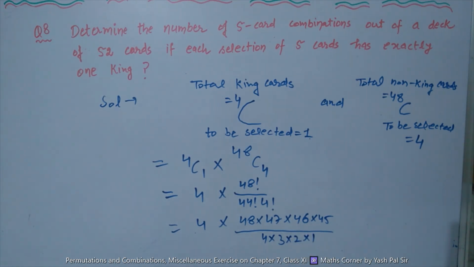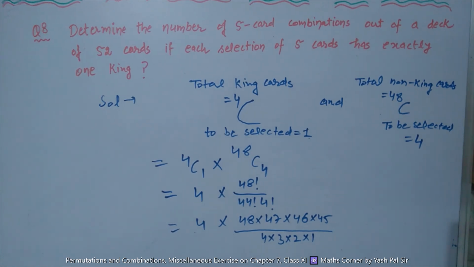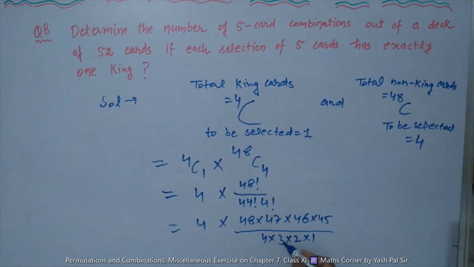So this way 4 into 3 is 12, 12 into 2, 24 into 2, 48. After calculating, we can find the answer to this question.